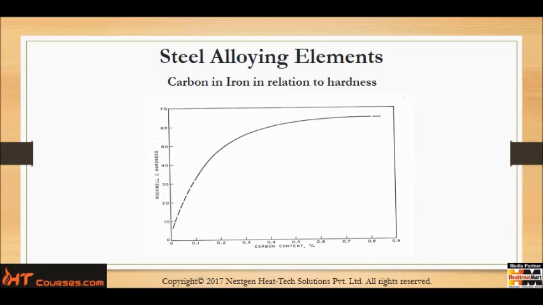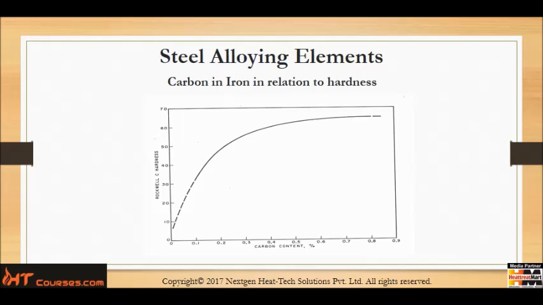The hardness values are on the vertical axis on the left-hand side of the graph. The carbon content is located on the bottom horizontal axis. And you'll notice the higher you go in carbon, up to about 0.8%, the maximum hardness that you're going to accomplish is approximately 62 Rockwell C scale.